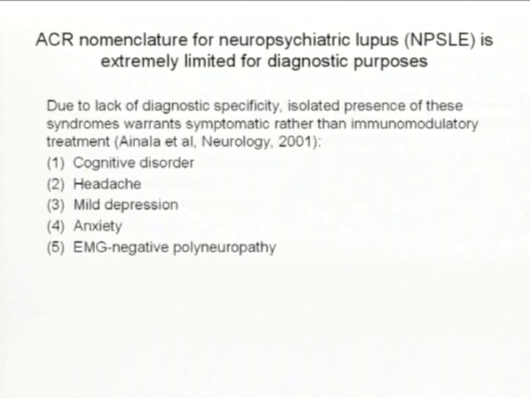So in clinic, if I have a patient who looks pretty well and there's some mild self-complaints of cognitive disorder, headache, mild depression, anxiety, or an EMG-negative polyneuropathy, these patients should be treated as if I would treat someone who didn't have lupus. You give them symptomatic treatment, but the important point is that you don't escalate immunomodulatory therapy, because as we saw from the patient with lupus nephritis on CellCept, the treatments that we give are dangerous and they potentially kill.